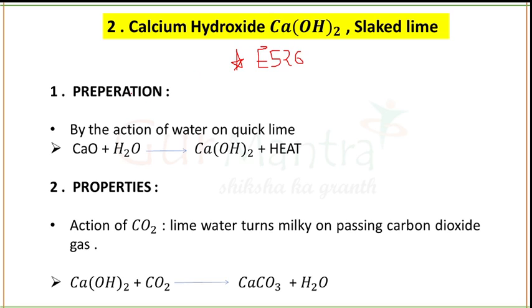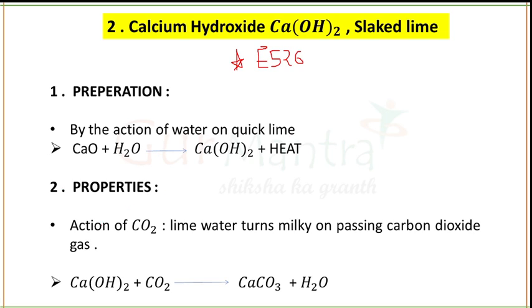Now, next is the preparation method for calcium hydroxide. You can prepare calcium hydroxide by the action of water on quicklime, that is CaO plus H2O reacting together will form Ca(OH)2 and heat is liberated.